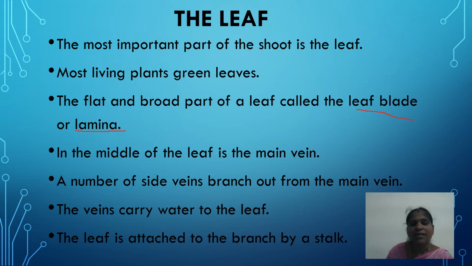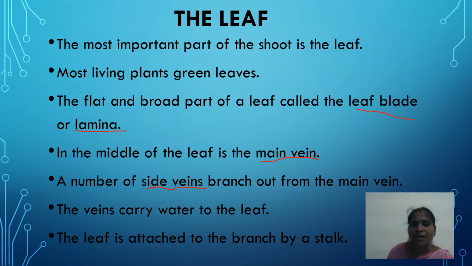In the middle of the leaf we can observe one line, and that line we call the main vein. A number of side veins branch out from the main vein, so side veins are also present. I will show the picture also.